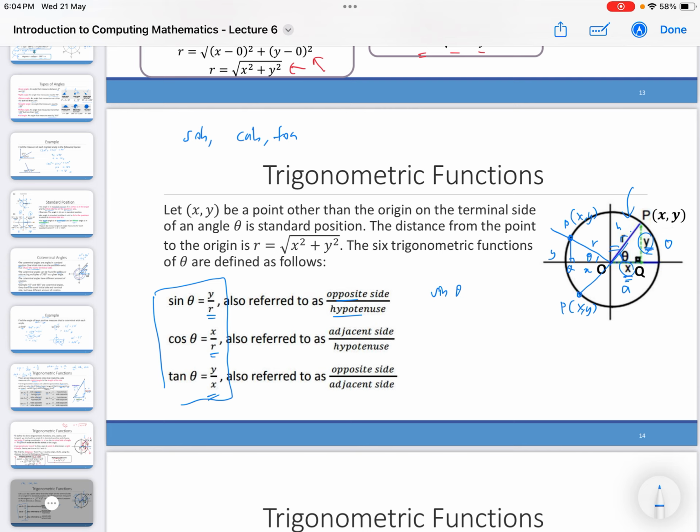Then we draw a perpendicular line to the x-axis, so we make a triangle. Basically theta is over here. And the same goes for the fourth quadrant. Let's say this one is P, the coordinate is x, y. We draw a perpendicular line to the x-axis, so we make a right angle triangle. If you look at this, theta is over here.